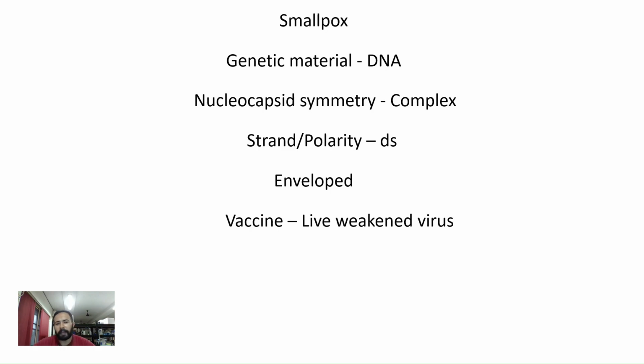And at the last, we have smallpox. Its genetic material is DNA, double-stranded DNA. The nucleocapsid symmetry is complex. This is also an enveloped virus, and its vaccine is a live weakened virus.